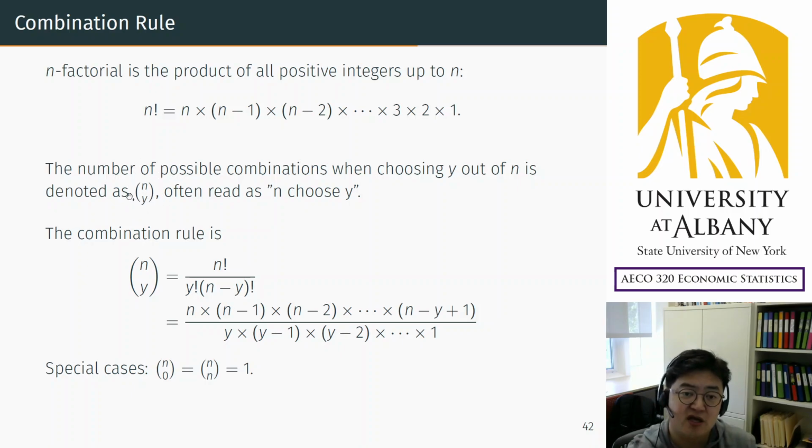That is mathematically this one. So this combination rule is an interesting rule and very useful. It can be applied to many other examples like lottery numbers. I don't exactly know the rule of Powerball or lottery.